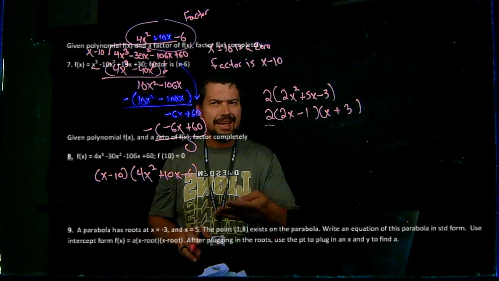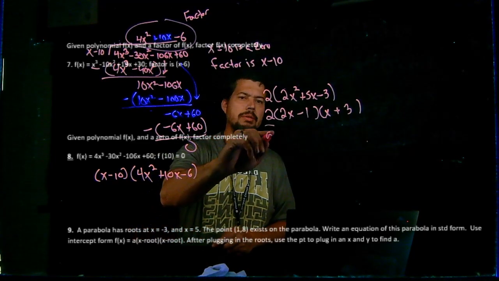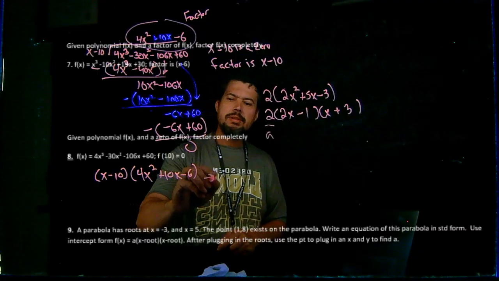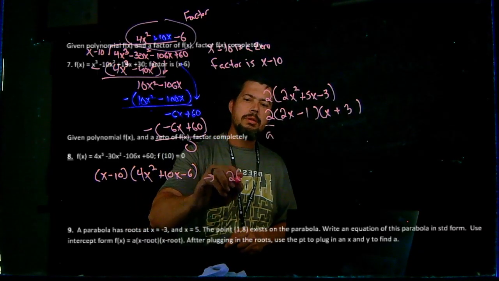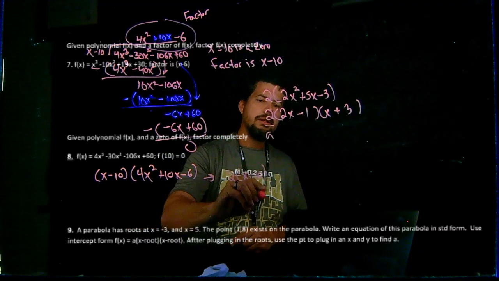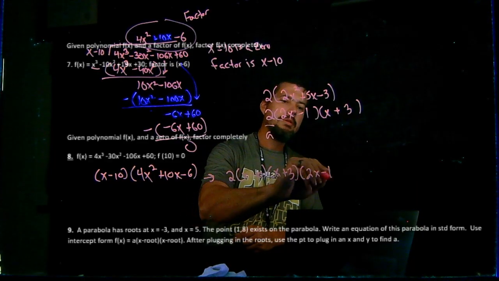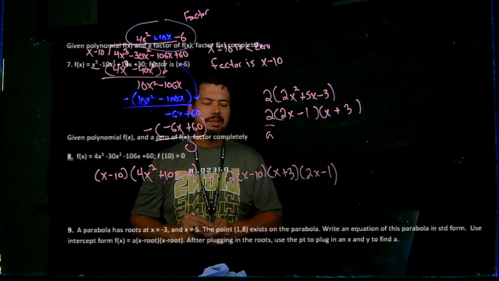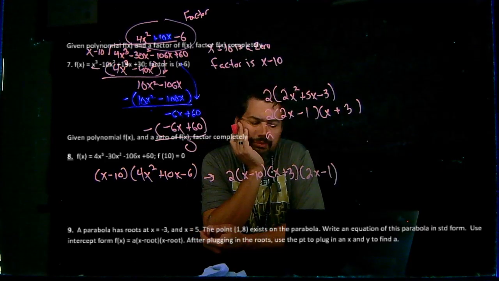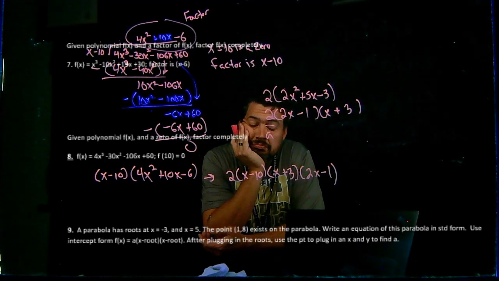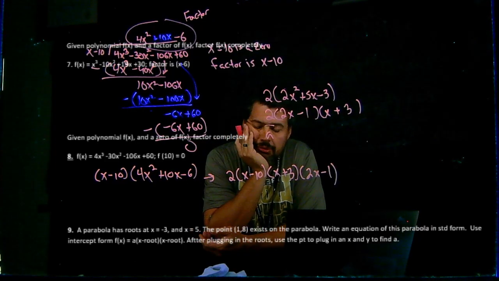It's always a, and that happens to be the a value. So when we finish this thing, we're going to put the 2 out front. You got your x minus 10. The next one would probably be written x plus 3, and the last one 2x minus 1. And order's not a big deal. It's not, but that's the complete factorization of that thing. I like the stuff. I hope you do too.